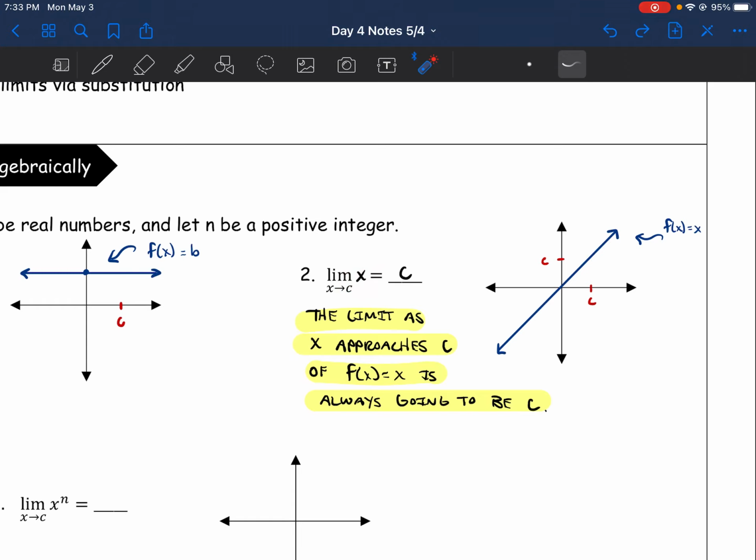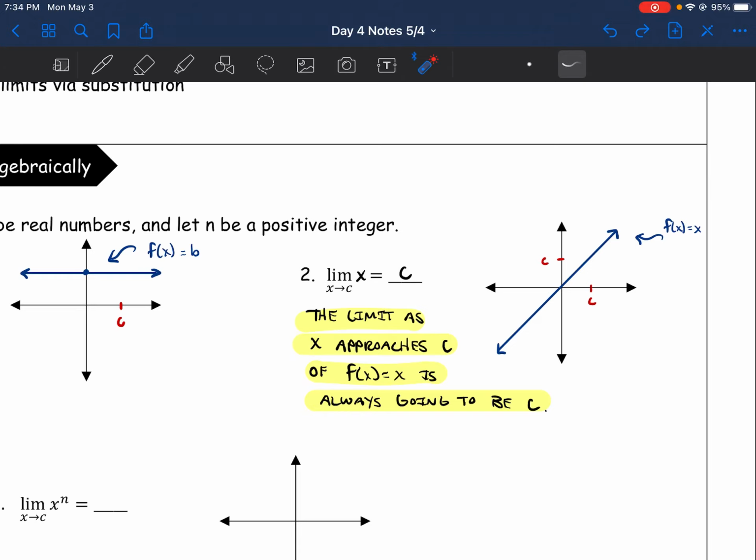And it's the linear function that we've seen quite a bit. You used it quite a lot in Algebra 1 and 2. And so here I've done a quick little sketch of y equals x, or f of x equals x. And it's just a linear function of slope equal to 1 that passes through the origin. Well, if we're going to try to find the limit of y equals x as x approaches c, well, the thing about this function is that whatever x does, y does as well.